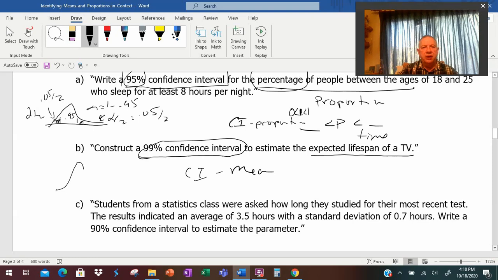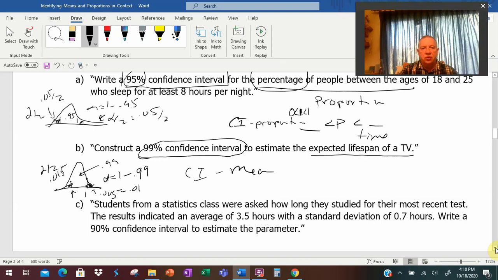99% to give our critical values. 0.99 in, 99%. Alpha is 1 minus 0.99, which is 0.01, and each little area here is half of that. Inside 0.99, 0.01, so this is 0.005, alpha over 2, and this is 0.005.